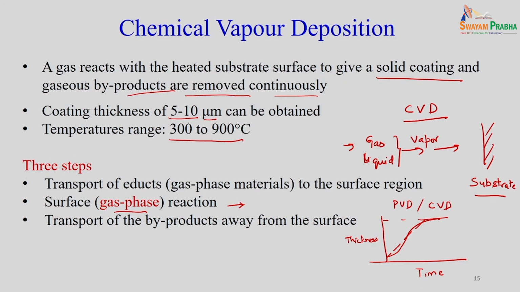During CVD, the first step is to transport the gas phase material to the surface region, then there will be the surface reaction, or you can say gas phase reaction, and along with this reaction, whatever byproduct is there because of the gas phase reaction needs to be removed continuously from the surface, so that it should not interfere with the modified layer or surface modification.